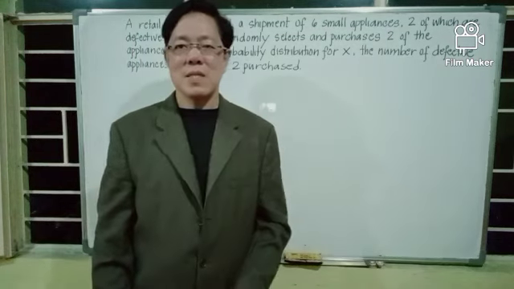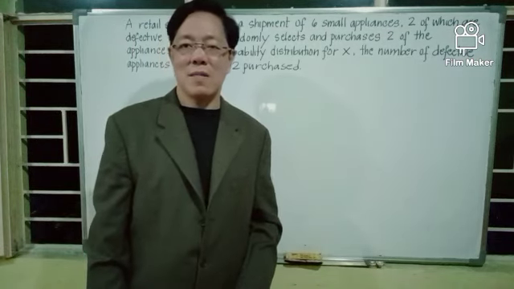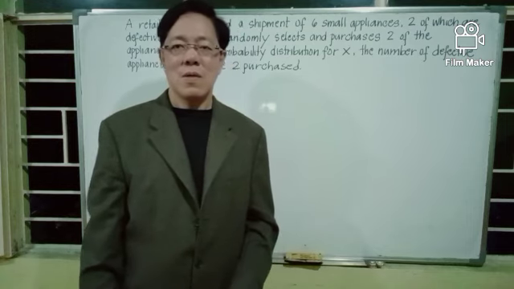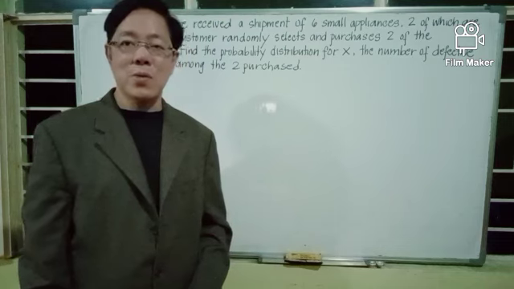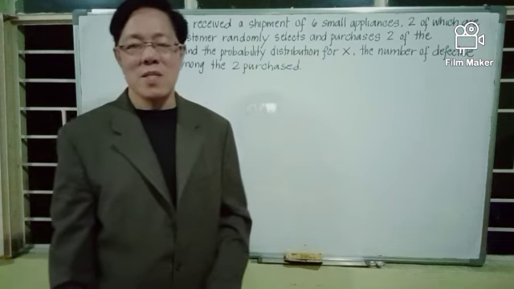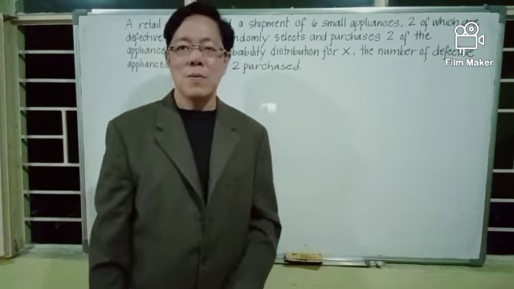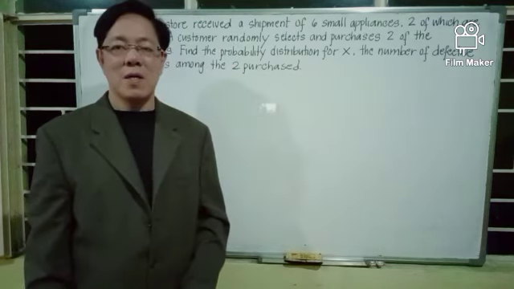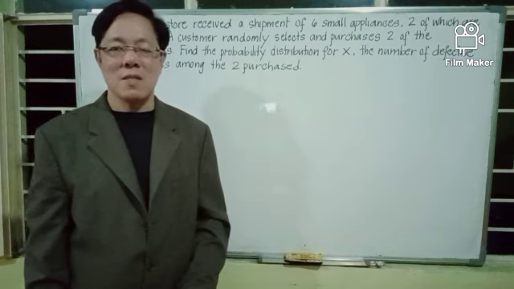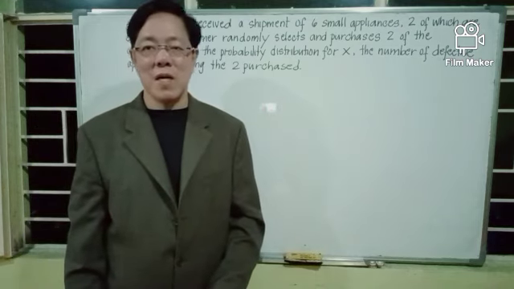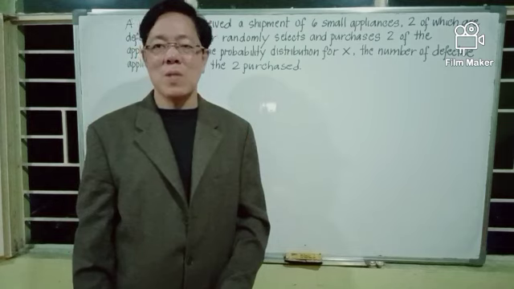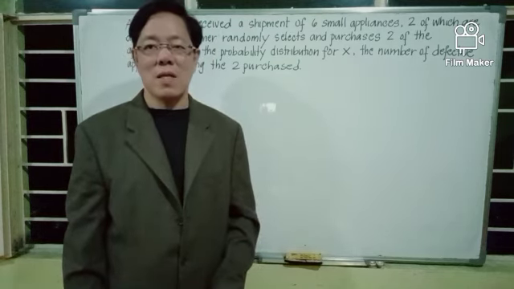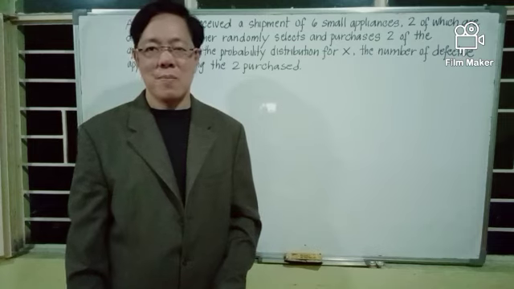The scenario in this problem is that there are 6 small appliances that were recently delivered to a retail store, and a customer purchased 2 of the 6 small appliances, 2 of which are defective. This customer randomly selected 2 of the 6 small appliances and bought them.